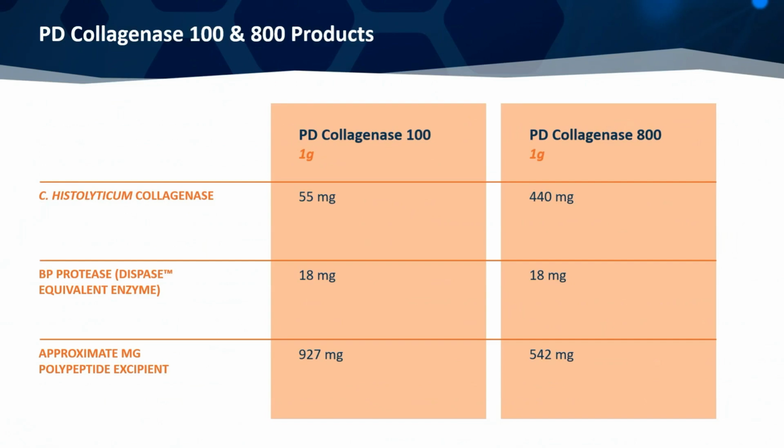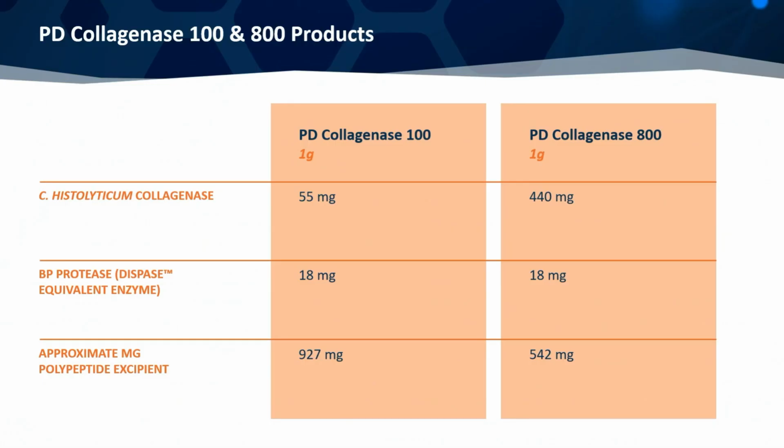You can see we make the PD 100 with 55 milligrams of purified collagenase and 18 milligrams of purified dispase in 1 gram of salt dry weight, and the PD 800. The only difference is the different bulking agent, the peptide, and we use 8 times more collagenase.